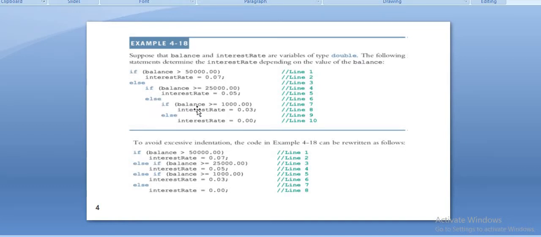Else if balance is greater than 1,000, interest rate is 0.03. If these ranges do not apply, then finally interest rate is 0, meaning if the balance is below 1000, there will be no interest rate.